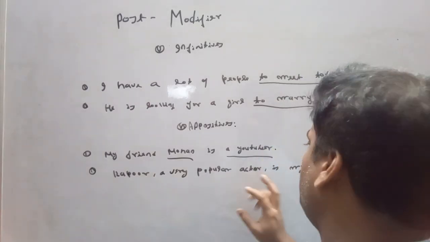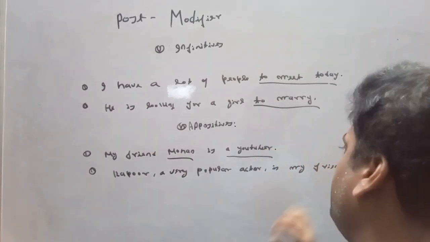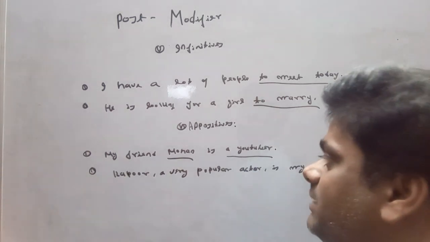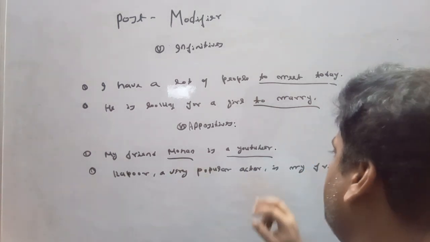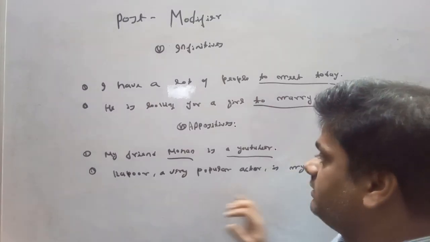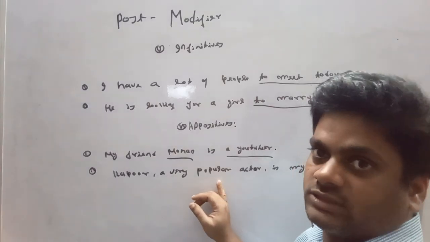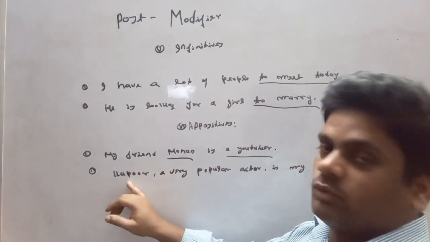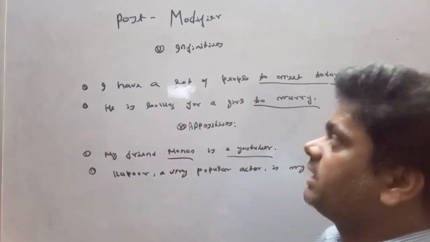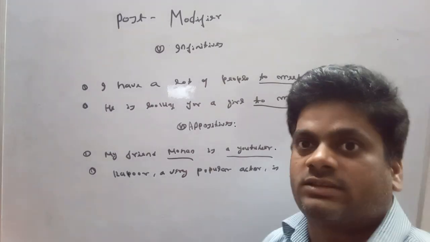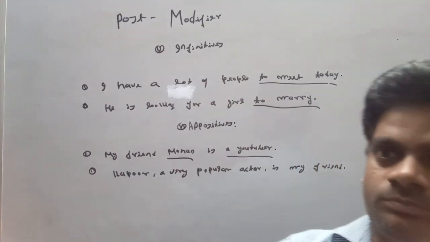Kapoor, a very popular actor, is my friend. Kapoor renames a very popular actor. Here a very popular actor is working as an appositive in the sentence, modifying Kapoor. So guys, these are the examples of post modifiers in the English language.